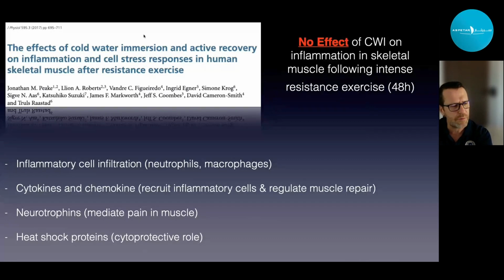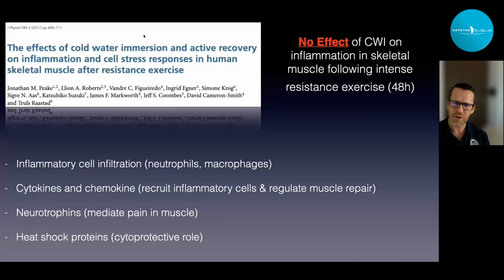And a lot of this information has actually been drawn from animal studies where they've used really aggressive protocols to damage the muscle, and then looked at how a really aggressive application of cooling moderates the inflammatory response. And there's a lot of evidence to support that. But transferring that really excessive damage or injury model to a model where athletes are actually just experiencing mild to moderate damage from exercise is very, very different.